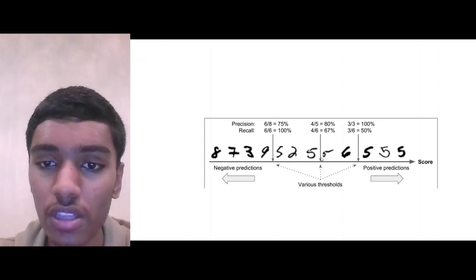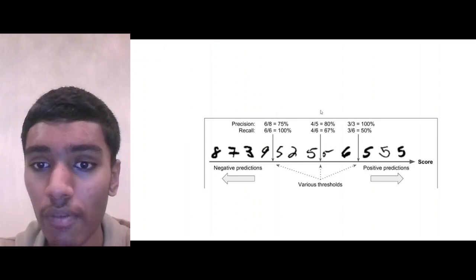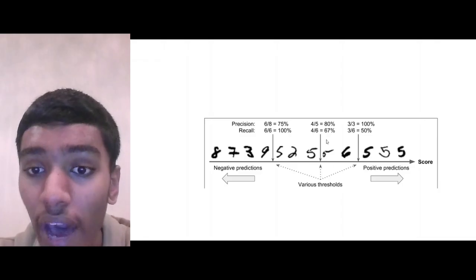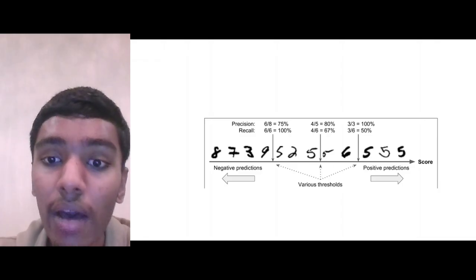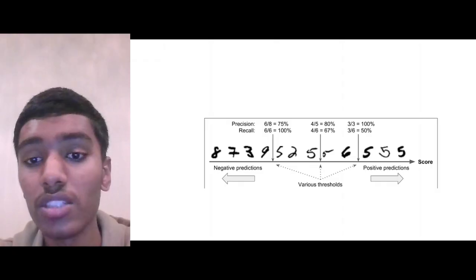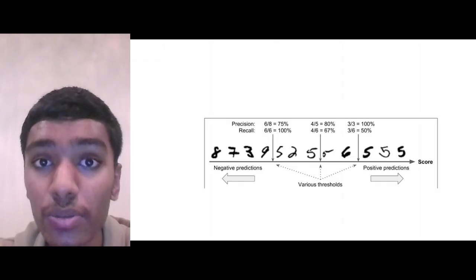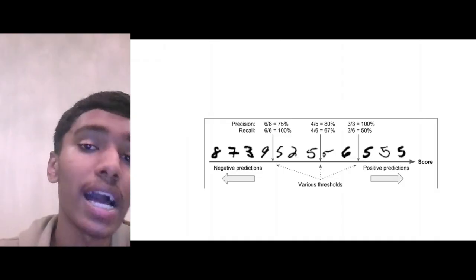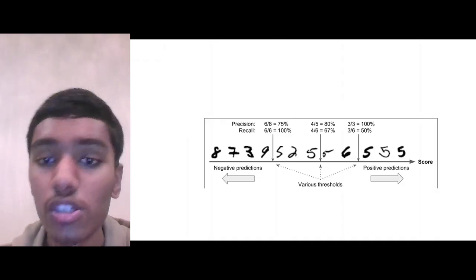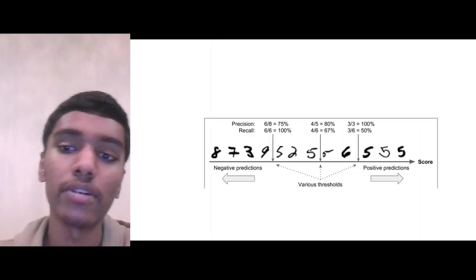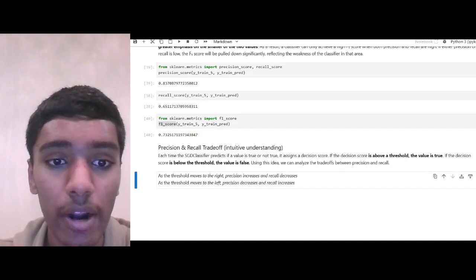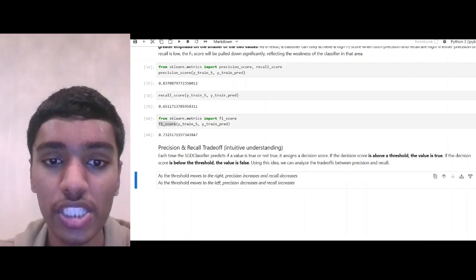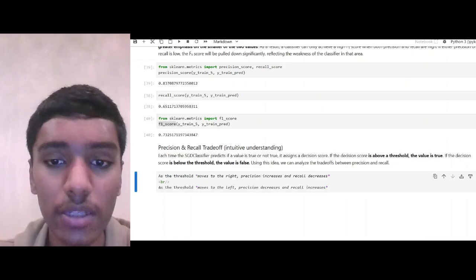Notice how when we shifted the threshold from the middle to the right, the 5 was removed. So now there are fewer values that are actually true that ended up going above the threshold that the model predicted as being true. So therefore, our recall goes down. Our recall went down and our precision went up.